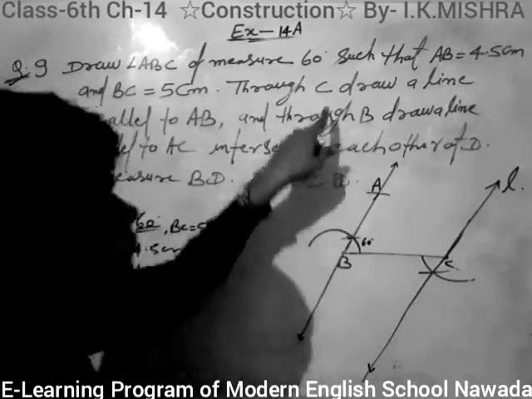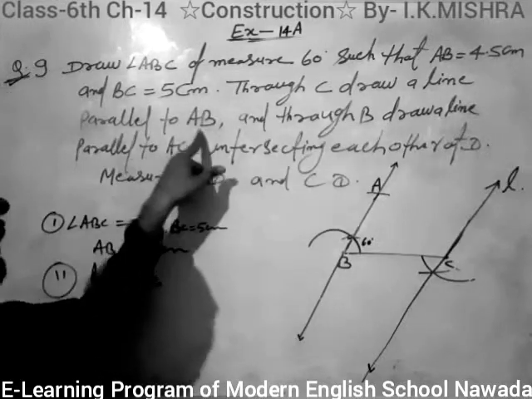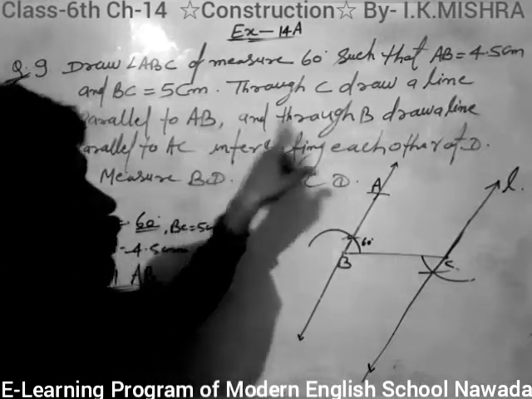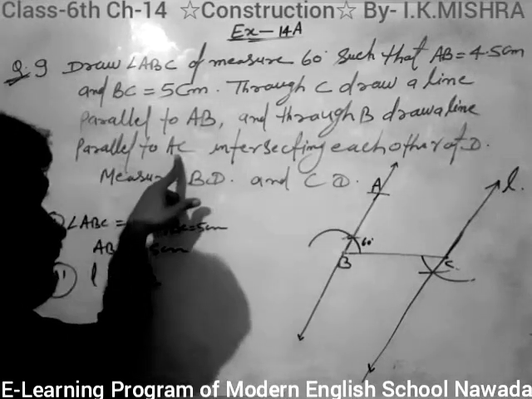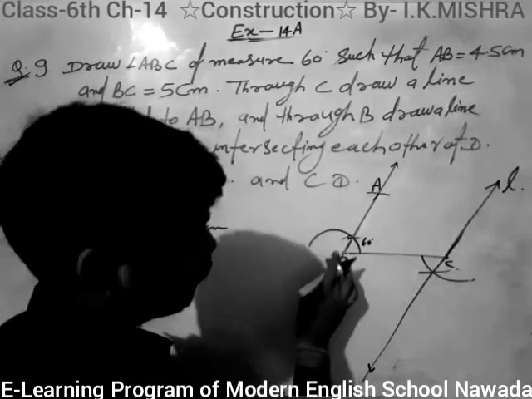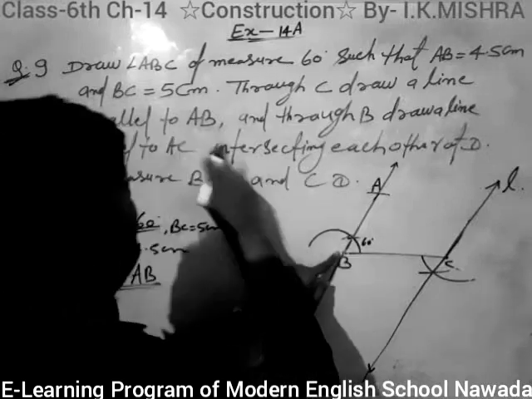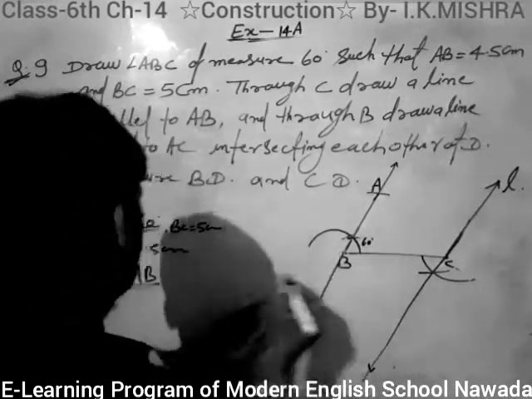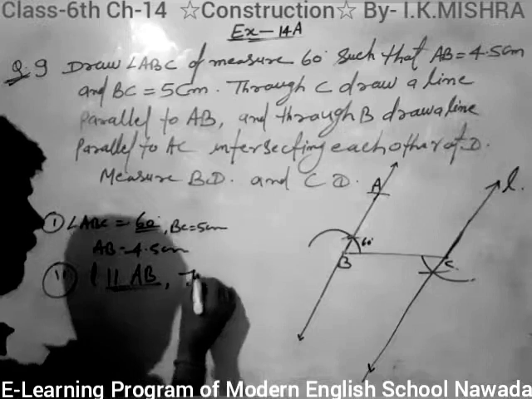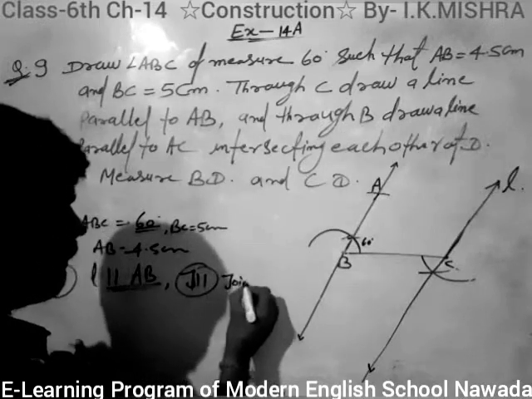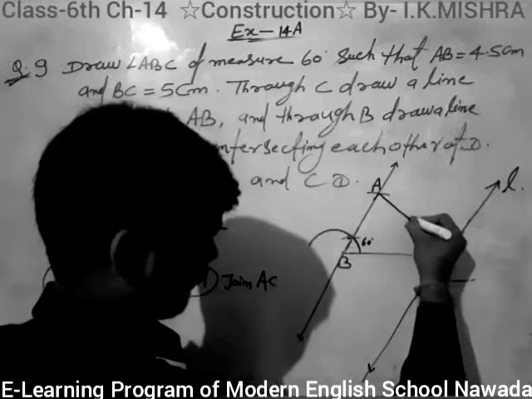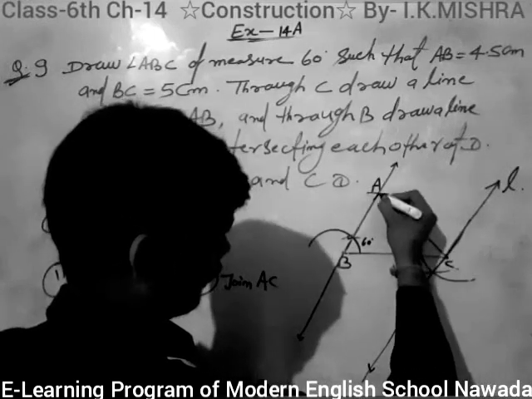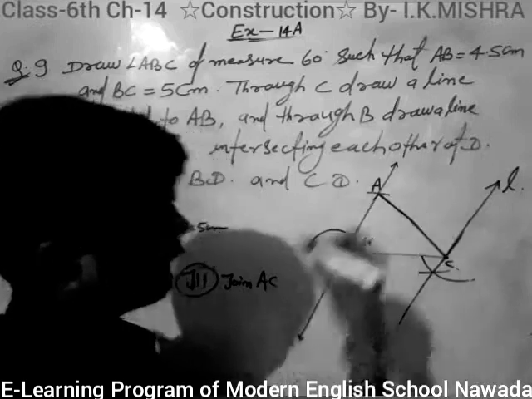Now students, you have a line parallel to AB, and through B draw a line parallel to AC, and through D you have to draw a line parallel to AC. So now join AC.